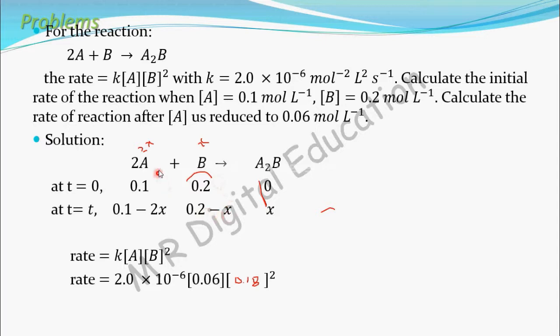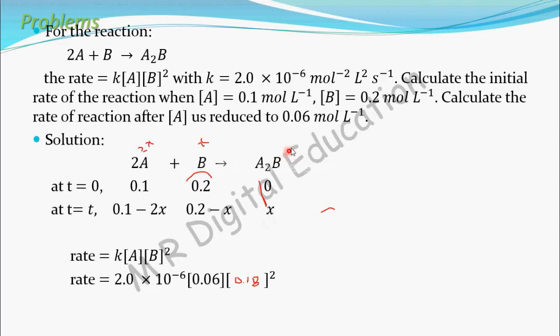A is used 2x mole per liter out of 0.1, so how much remained? 0.1 - 2x. This indicates at time t, 0.1 - 2x mole per liter of A remained and 0.2 - x mole per liter of B remained and x mole per liter of A2B is formed.